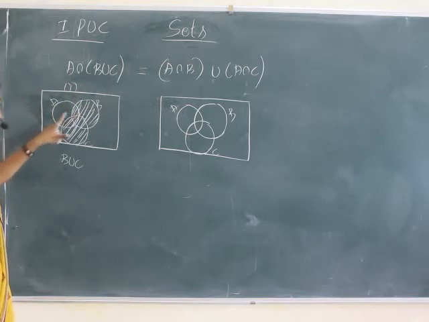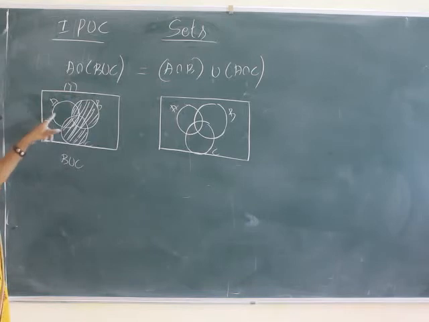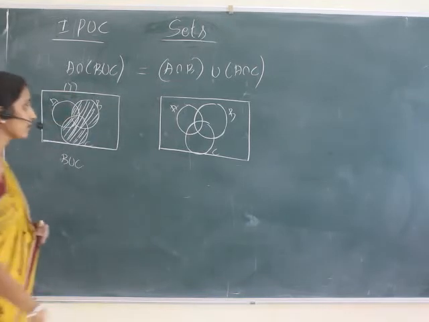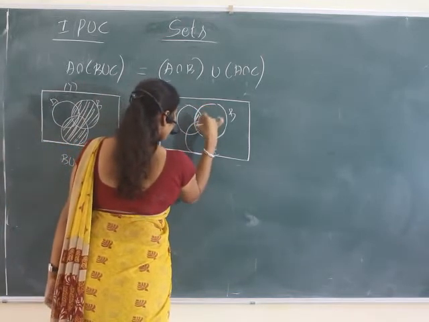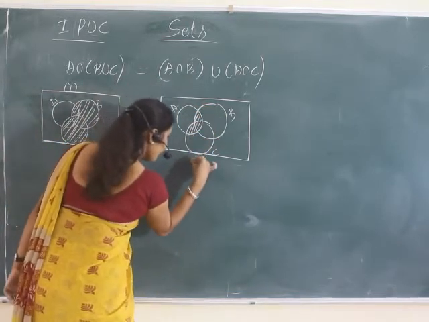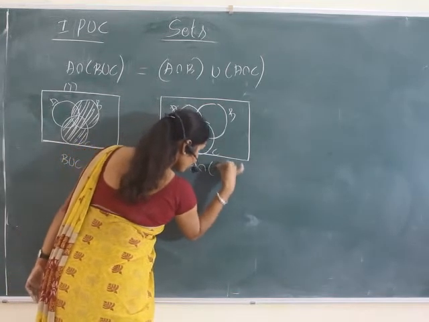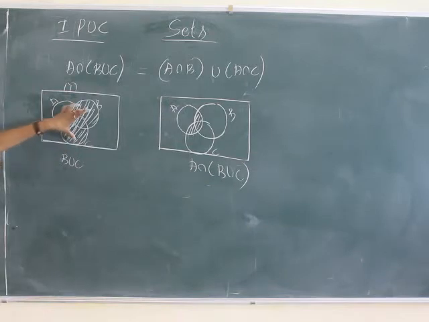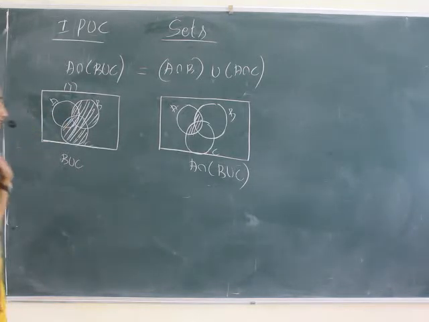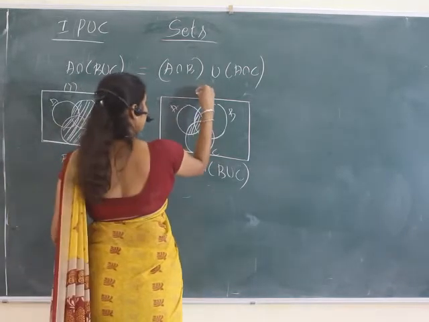This is the region A and this is the region B union C. Now what is the common region between A and B union C? Only this region will be common. So this is A intersection B union C, the common region between A and B union C. This will be the second Venn diagram.